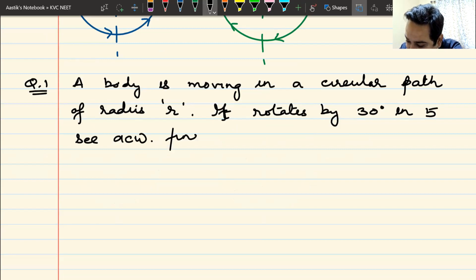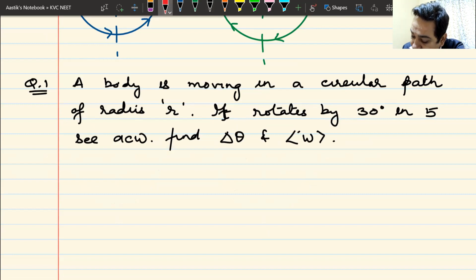Find angular displacement and average angular velocity. Is the question clear to all of you? Okay. I'll give you 2 minutes to solve this.